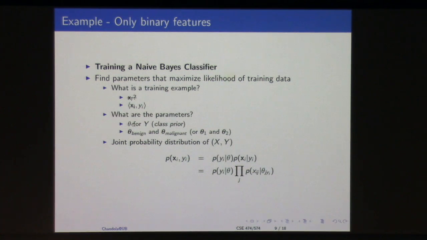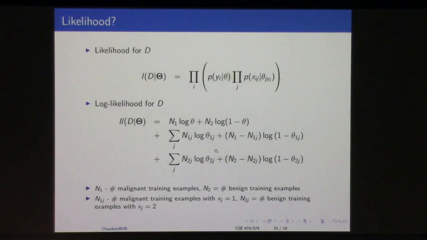All right. And the distribution looks like this. So all we do is we compute the likelihood of the data with respect to theta, which is just the product over all of your data. And then we compute the log likelihood and maximize it and so on. So we will do that in the next class. But here, all I want you to remember is what we are doing here, right? So let's look at this expression.